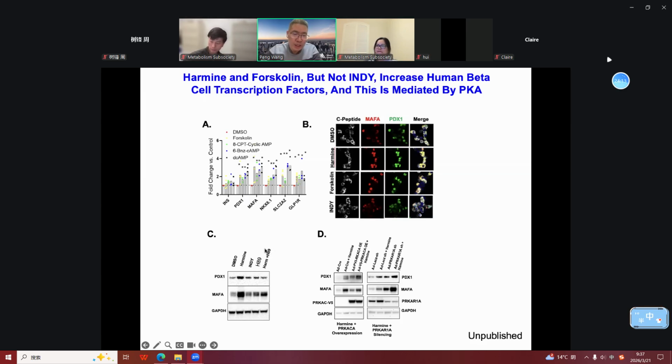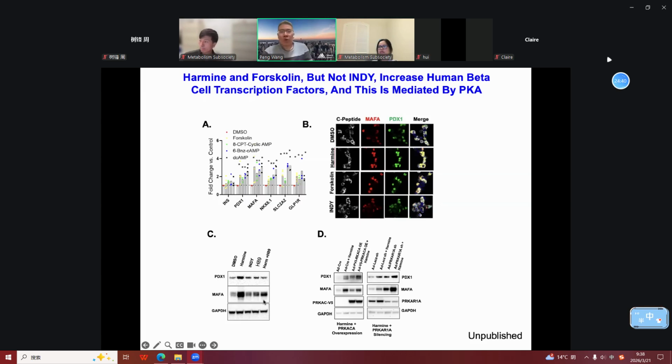As shown in the data here, harmine can increase PDX1 and MAFA gene expression, and so does another DYRK1A inhibitor, INDY, which we already know. And the PKA inhibitor alone does not change PDX1 or MAFA gene expression. However, when we have harmine plus H89, it indeed reduces harmine-induced PDX1 gene expression, and also reduces harmine-induced MAFA gene expression.